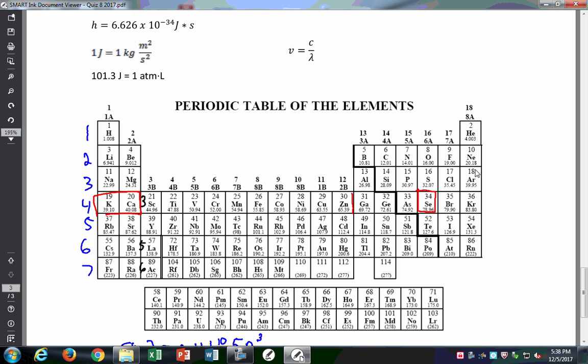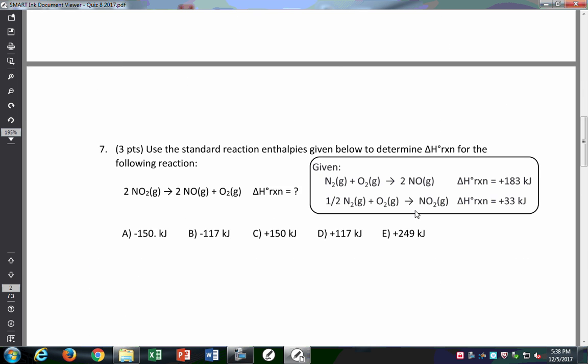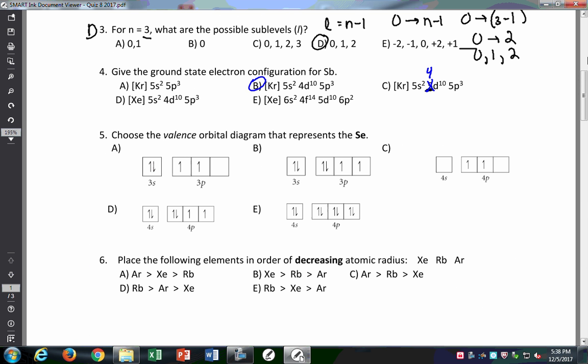And then we only want the valence, so that's only the n equals the highest number, so that's 4 in this case. So we have our 4s and our 4p, and then of course that's not going to give us A or B.